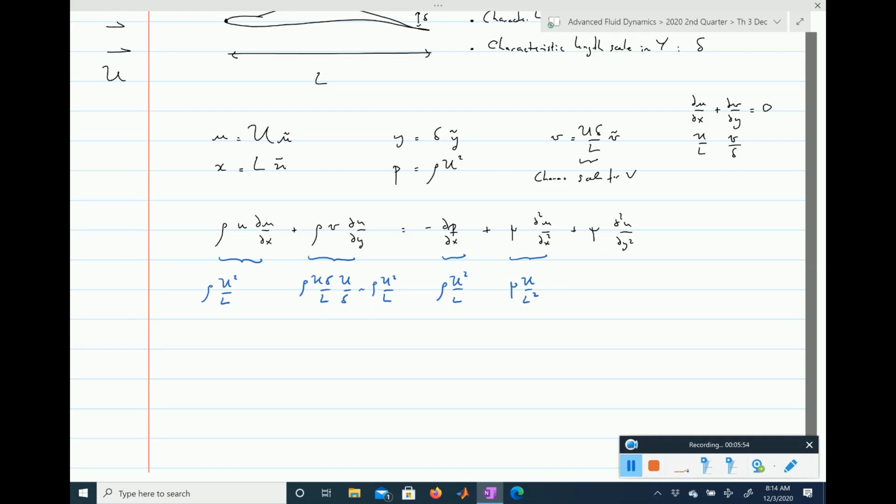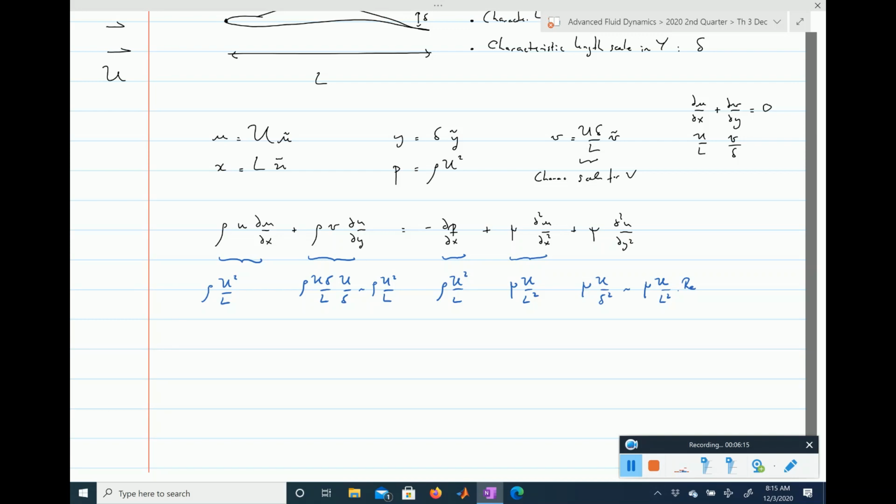And delta squared, we have a scaling for that. Right, delta squared, we have the scaling in terms of the Reynolds number. So this scales with rho u divided by L squared times the Reynolds number, because remember that delta squared divided by L squared, or delta divided by L, scales with the square root of the Reynolds number.